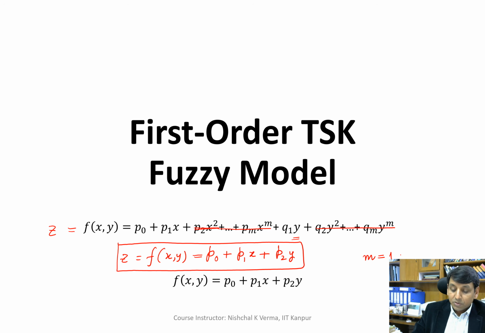Similarly, m is equal to 0 for zero order. So m is equal to 0 means zero order. What does this mean? This means that only the constant will be there.